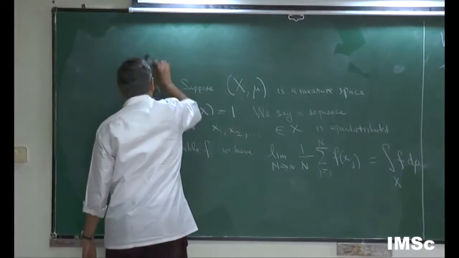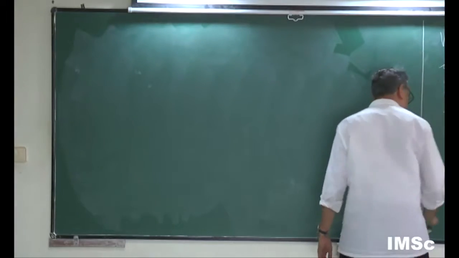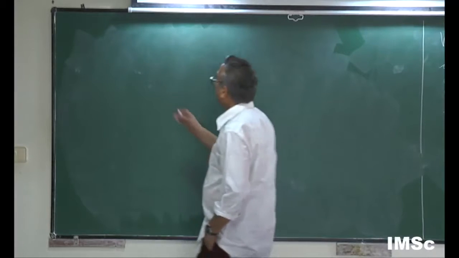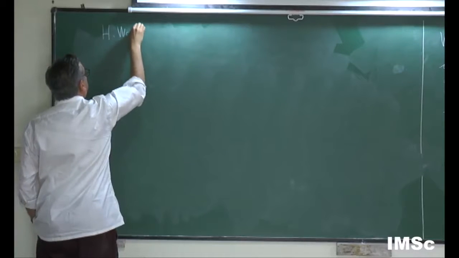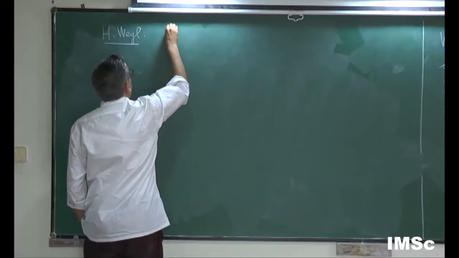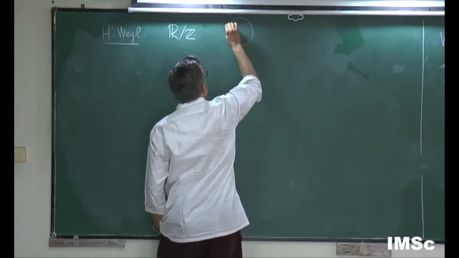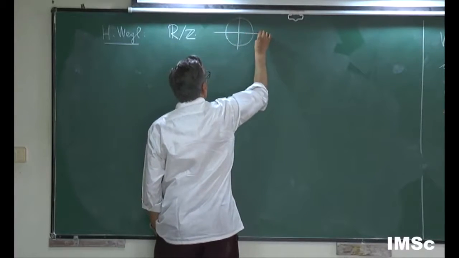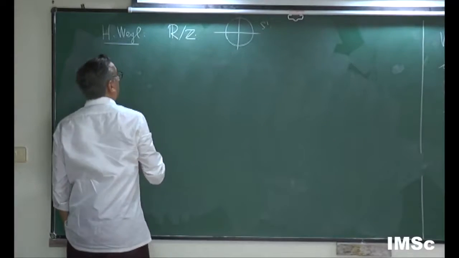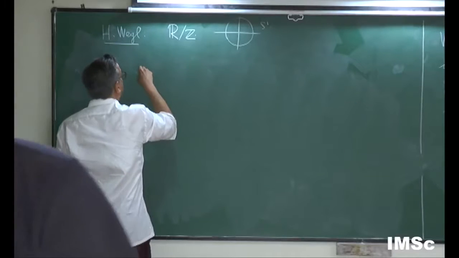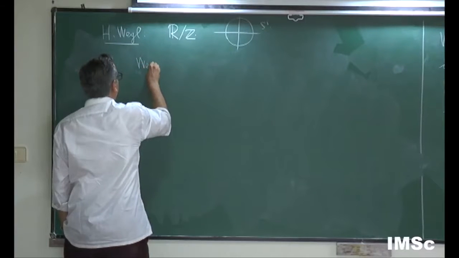So the classical setting goes back to Hermann Weyl, who studied basically the real line modulo integers. So that's essentially the circle, S1. And the question of equidistribution here, he actually came up with a famous criterion, the Weyl criterion.